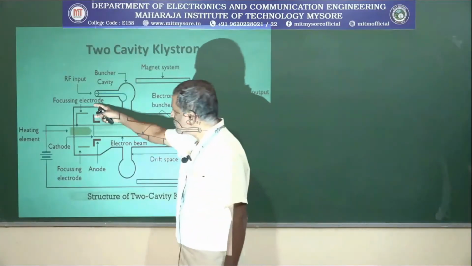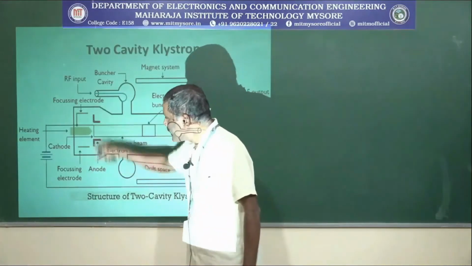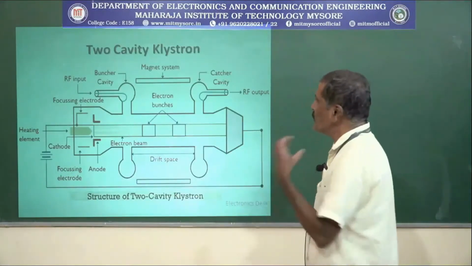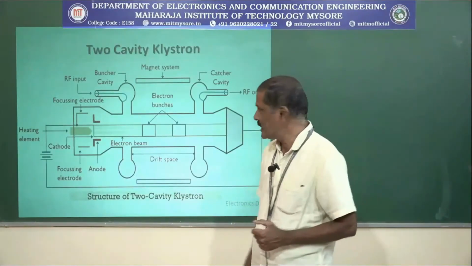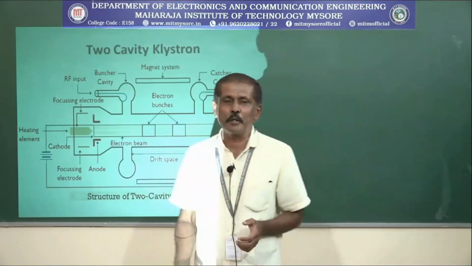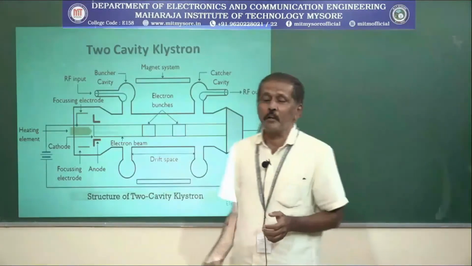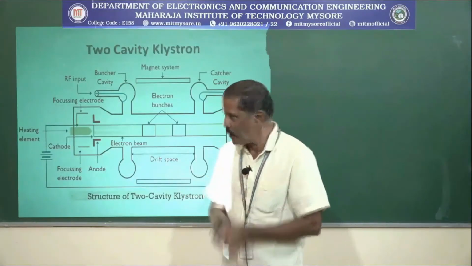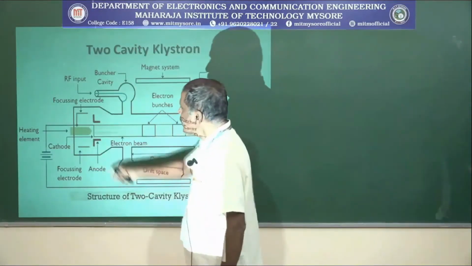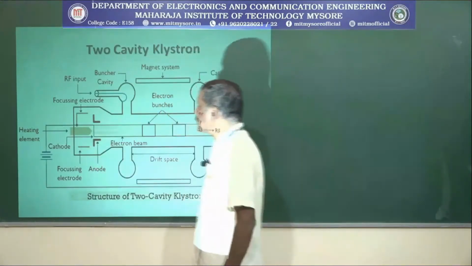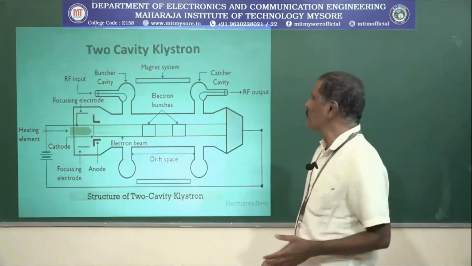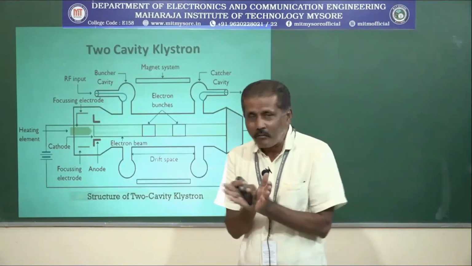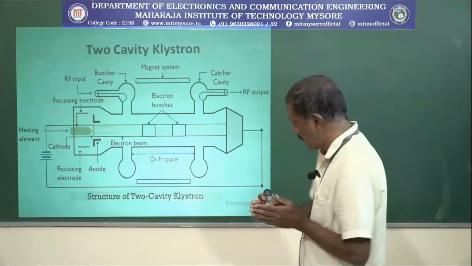Next, coming to the construction details. The question that occurs is why the focusing electrodes are used in the two-cavity klystron. The basic function of the focusing electrode is to focus the electrons to a particular point. When electrons are emitted from the cathode, some of them may get deviated from their path.